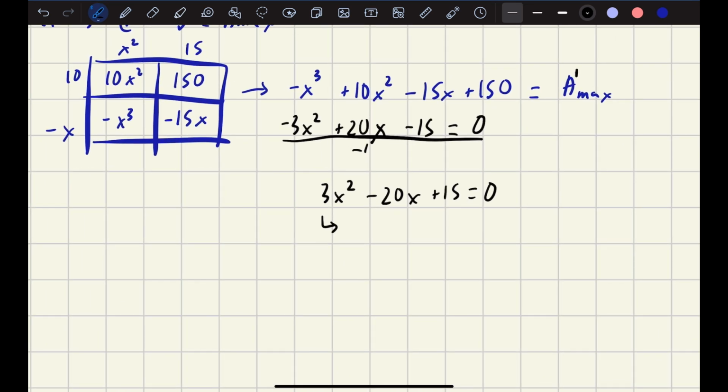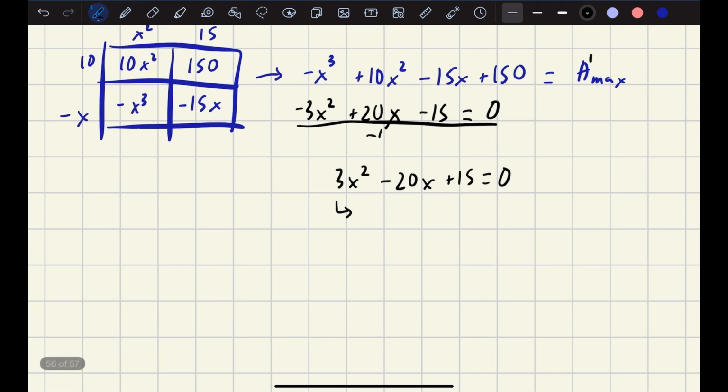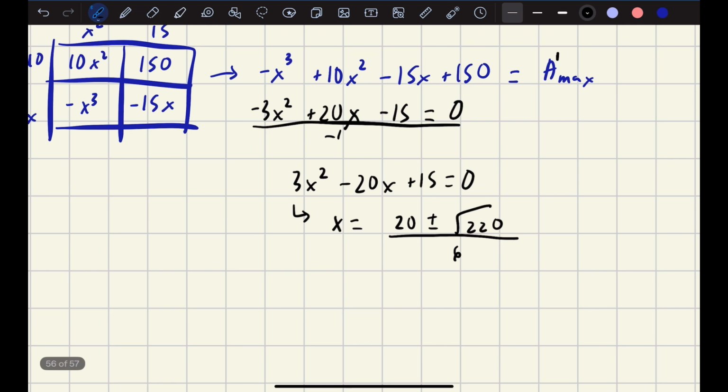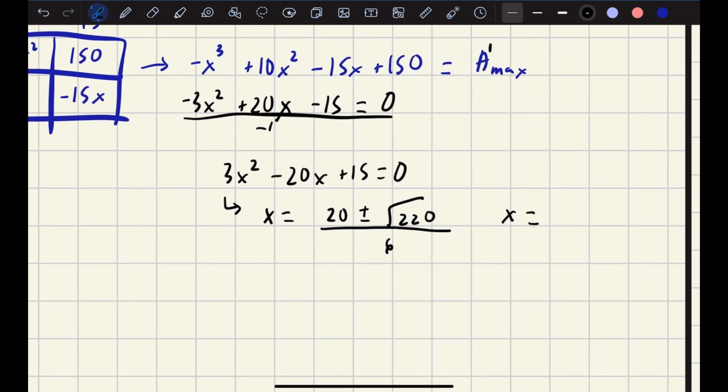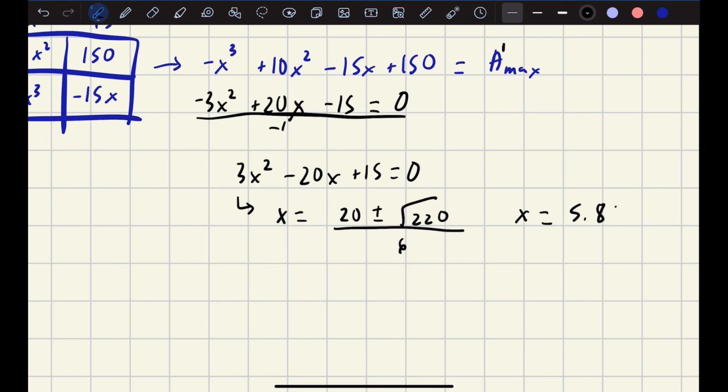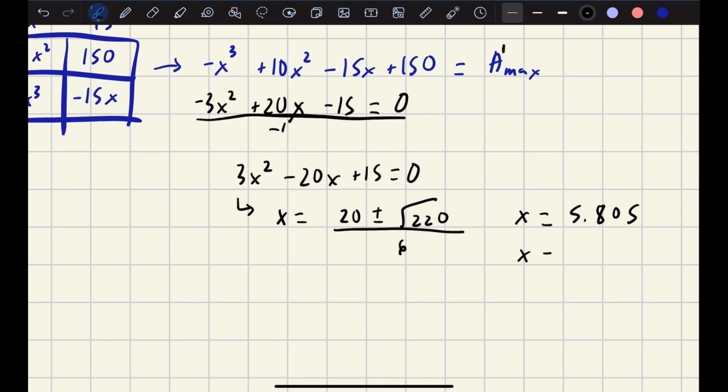But if I plug this into the calculator, we're going to get x equals 20 plus or minus square root of 220 over 6. And so x is equal to 5.805, or x is equal to 0.861 are our two values that we get.